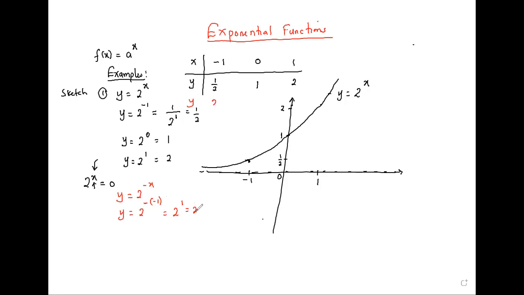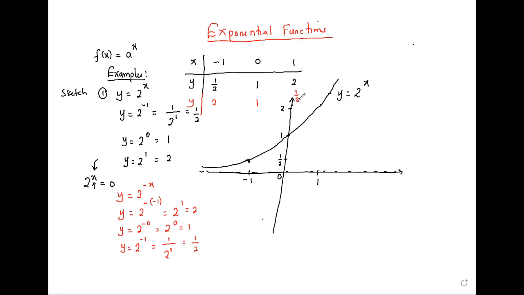So we have gotten a 2 here. We're extending our table a bit. If we have 2 to the power negative 0, it's still 2 to the power 0, which is 1. So 1 comes back. Guess what happens to the other one? y is equal to 2 to the power negative x, then we are bringing in 1. Now we say this is the same as 1 over 2 to the power 1. So we get 1 over 2 here.